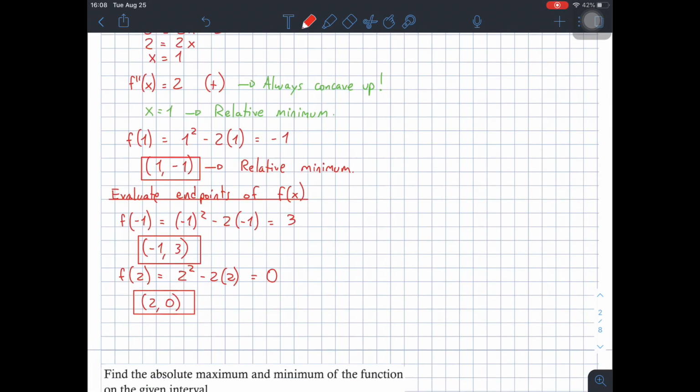So let me write that here. After comparing the three y coordinates, we conclude that.